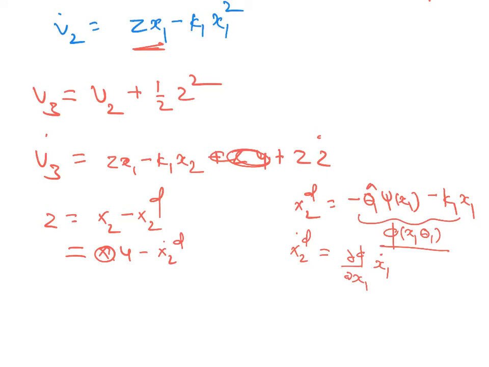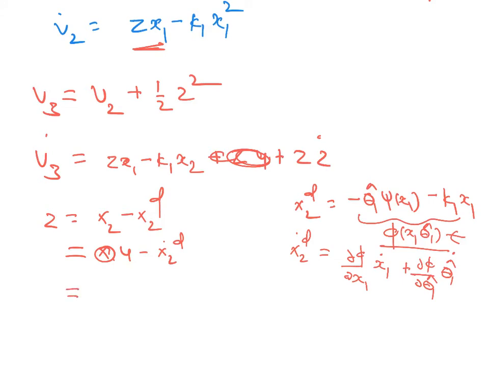I'm trying to get a time derivative of this, which is a function of x1 and theta 1, right? So this plus del phi by del theta 1 into theta 1 hat dot, right?